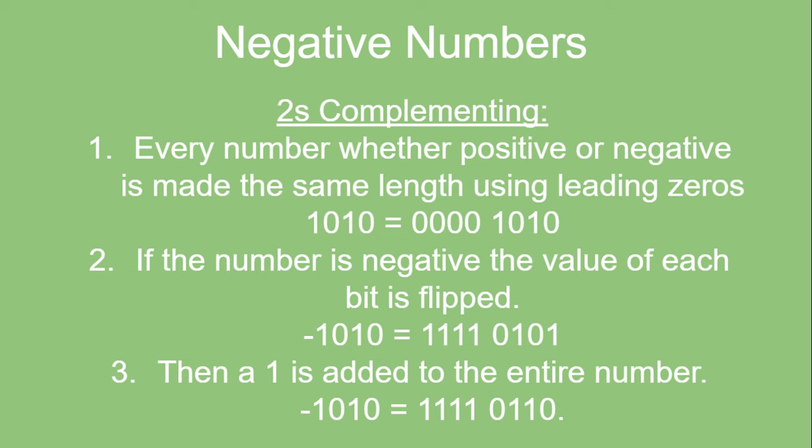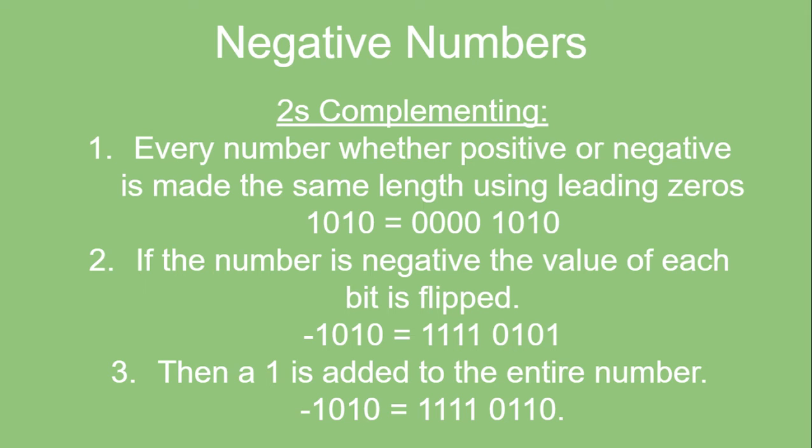And so now, if it's negative 1010, which would be negative 10 in decimal, because it's 8 plus 2, now I would save negative 10 as 11110101, which helps the computer know. But then I add another 1 to the entire number, just to give the computer an indication.